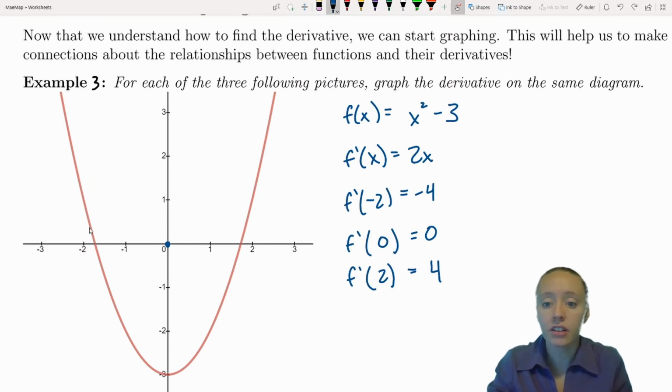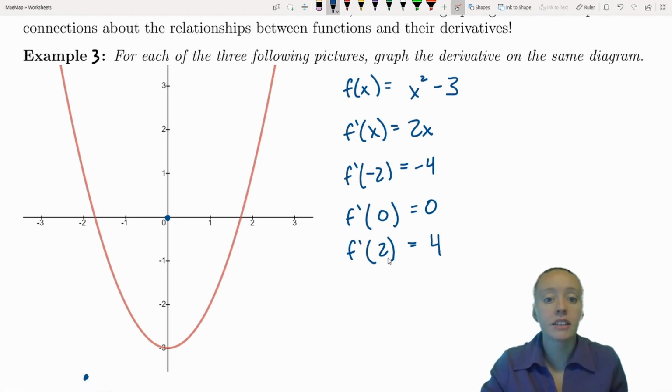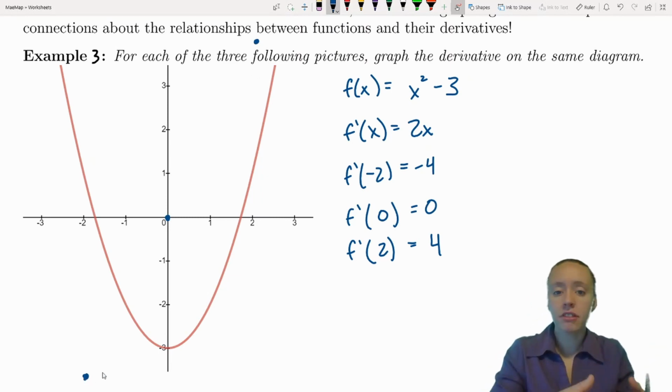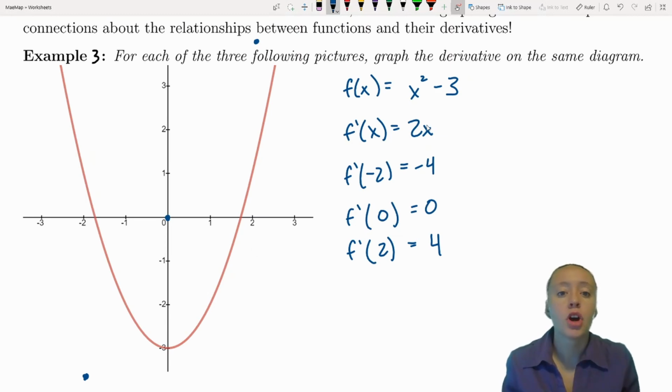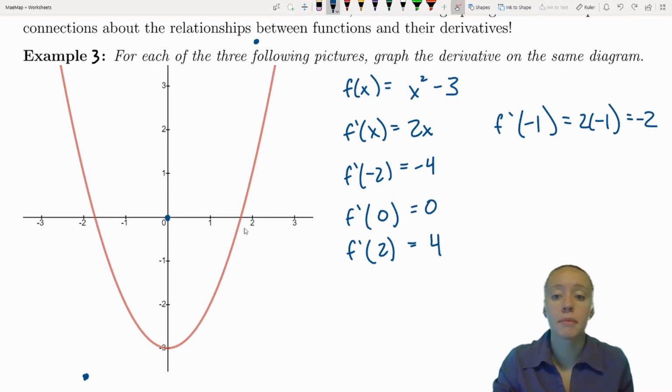And then at 2, we're at about 4, so probably up here. I know this goes off the graph a little bit, but that's okay. Since we have the function, let's do another point or two. When x is -1, f prime of -1 is 2 times -1, which gives us -2. So our derivative has the point -1, -2.